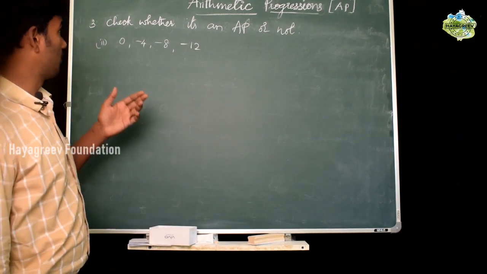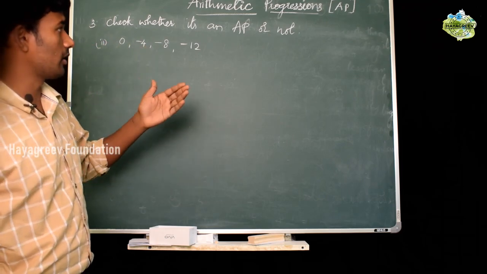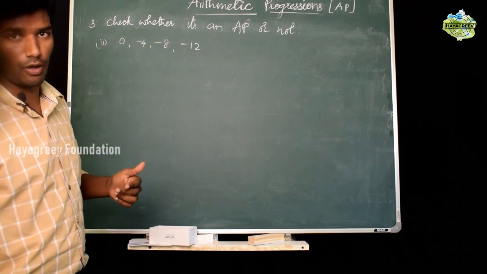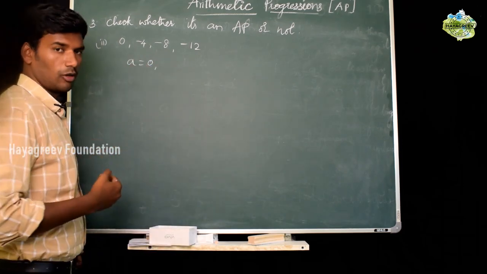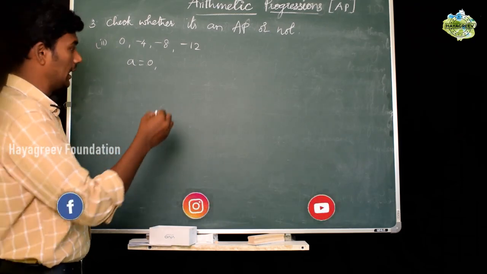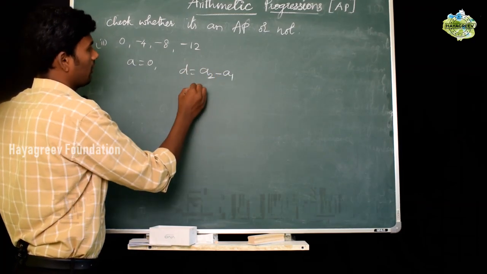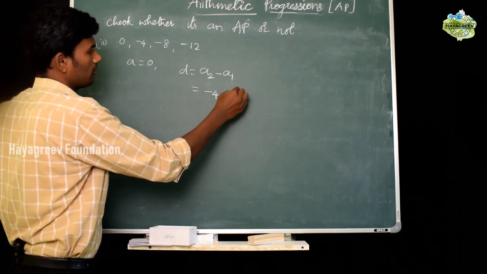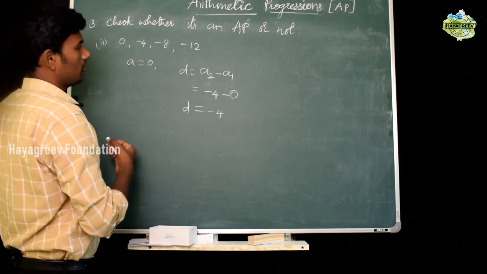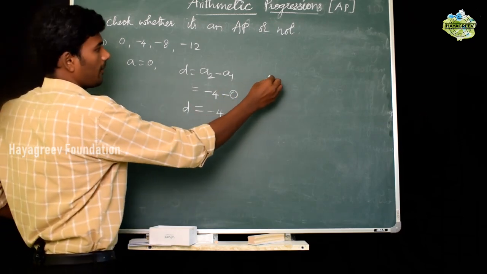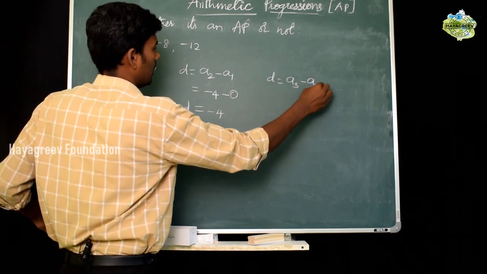We'll have one more example, and we have one more sequence here: 0, minus 4, minus 8, minus 12. We are going to check whether it is an AP or not. The first term A is equal to 0, and obviously we have to find D. So D is equal to A2 minus A1. A2 is minus 4, minus 0 is minus 4. D is equal to minus 4, and D is equal to A3 minus A2.